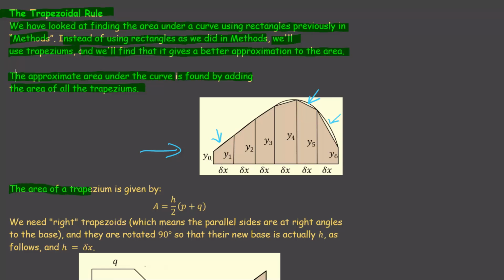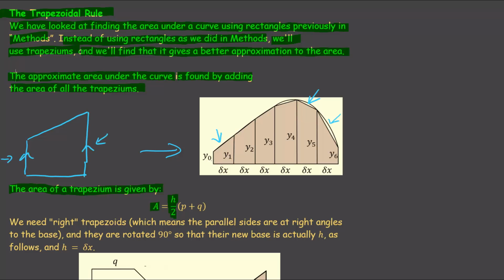The area of a trapezium is given by area is h over 2, where h is the distance between the parallel sides. So if we have a trapezium, then what we might have are the parallel sides here and here.